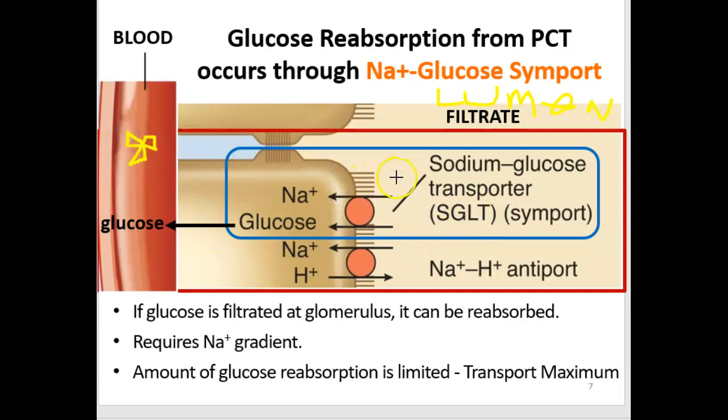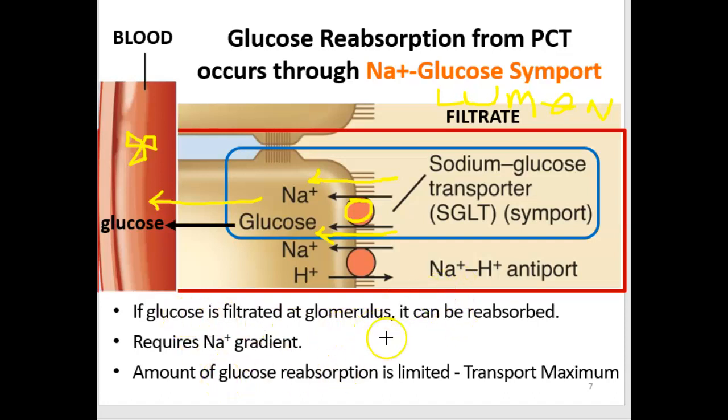So sodium is going to move back into the blood, bringing with it glucose. And this is the transporter that's used. It's called a sodium glucose transporter, and it's also sometimes called a symport because two things are moving simultaneously.